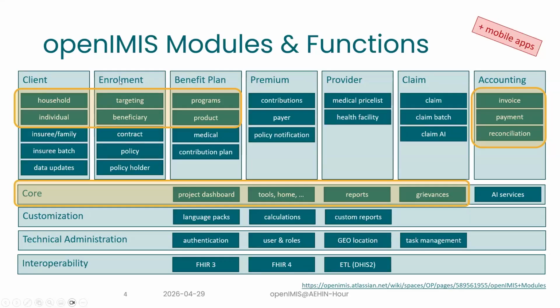If you look at the modular architecture of openIMIS, you have different business process areas around, for example, claim management, different tasks that need to be done, and for all of them we have functionalities in openIMIS, like claim management and the claim AI tool. We have mechanisms to manage contributions and to manage payers. We have mechanisms to manage individuals, and all of those functionalities are basically in modules.